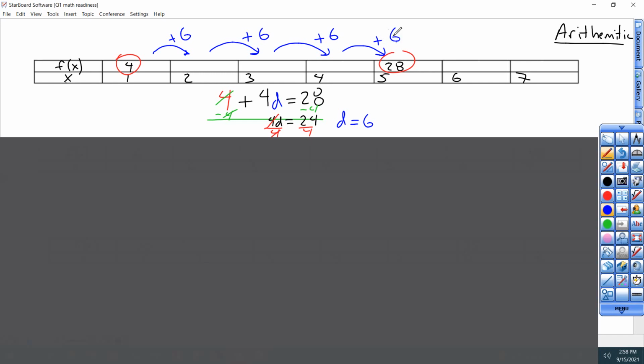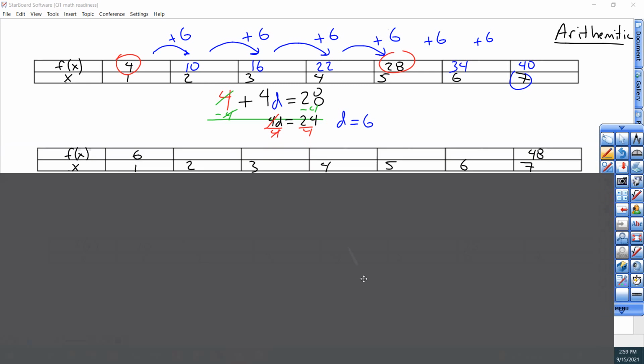Here I go. 4 plus 6, 10. 10 plus 6, 16. 16 plus 6, 22. 22 plus one more 6, 28. 28 plus 6, 34. 34 plus 6, 40. And because I'm not jumping ahead, I didn't need to use an explicit formula to jump ahead. That was one right after the other.